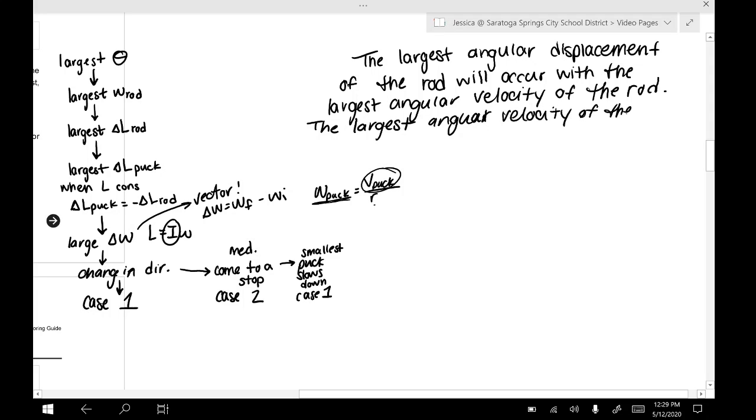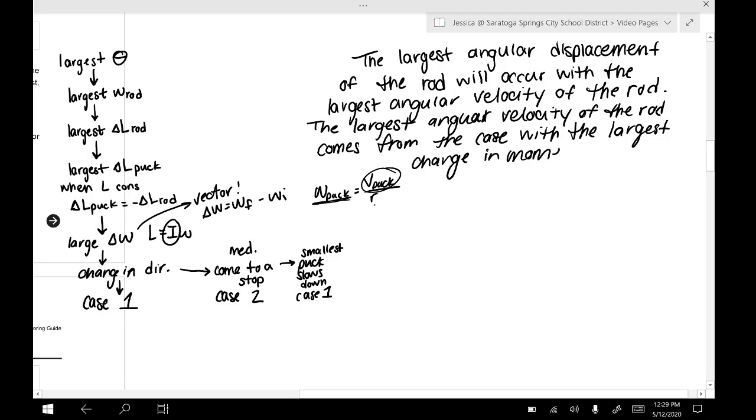of the rod comes from the case with the largest change in momentum of the rod.